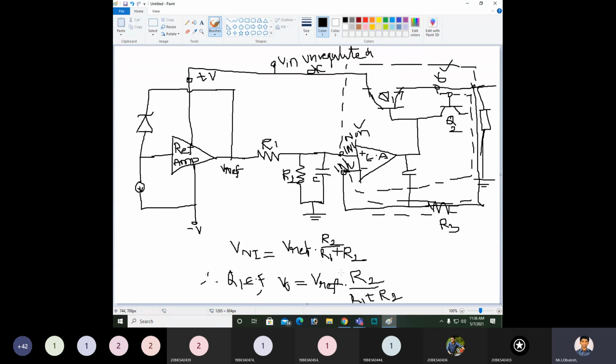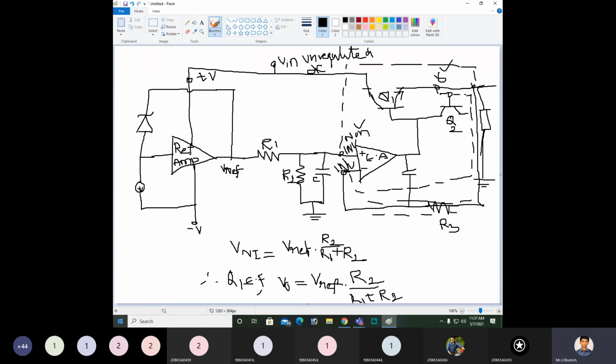So this makes the output of the error amplifier become more positive, thereby driving Q1 more into the conduction state. It means that the output of the error amplifier becomes more positive, because Q1 will act as an emitter follower.